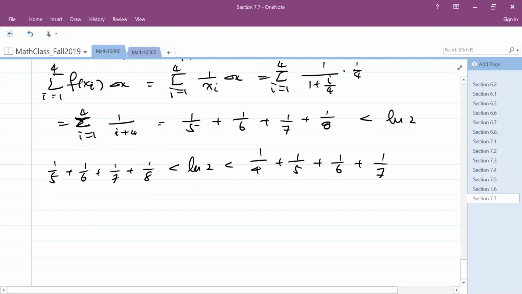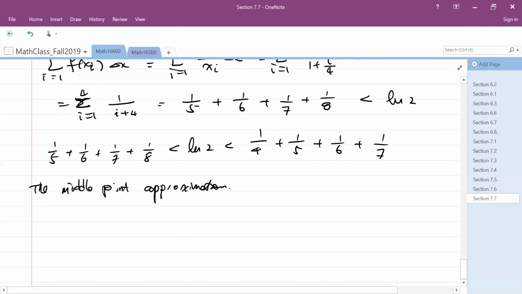Then let's look at the midpoint approximation. Remember, x_i equals 1 plus i over 4, right?